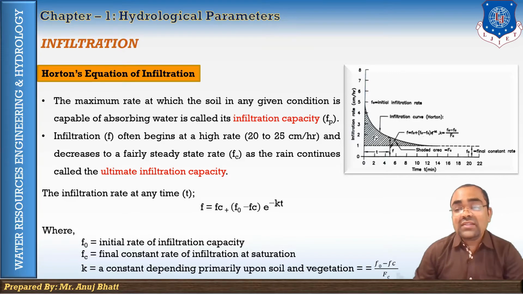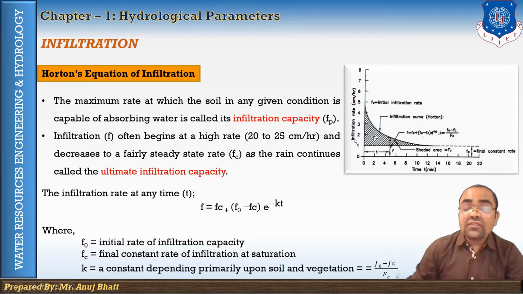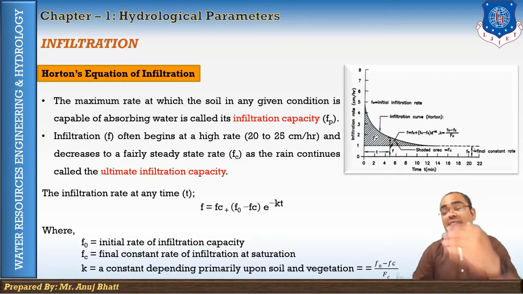Here you can see the value of k. On the y-axis there is the infiltration rate, and on the x-axis, with the variation of time, we can find out this infiltration rate. Finally it becomes a constant value with time, wherein the infiltration would be constant.